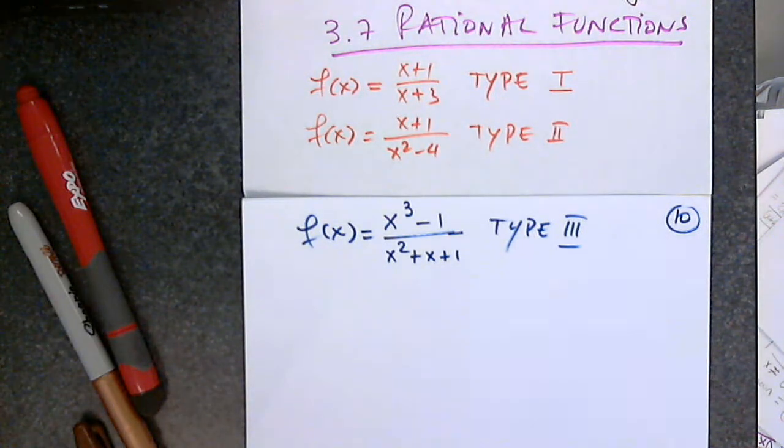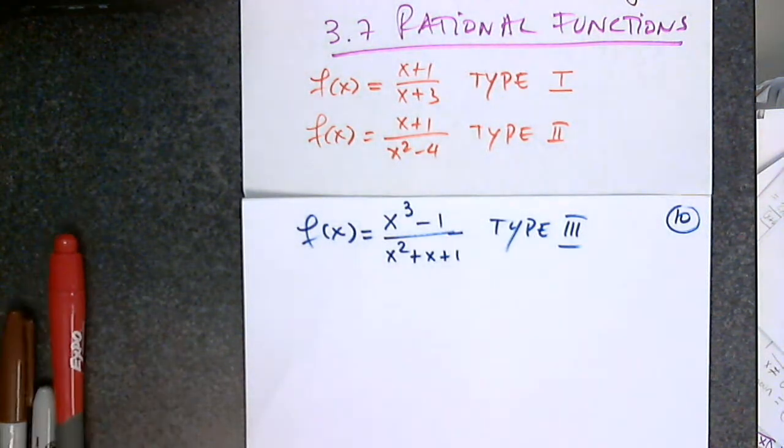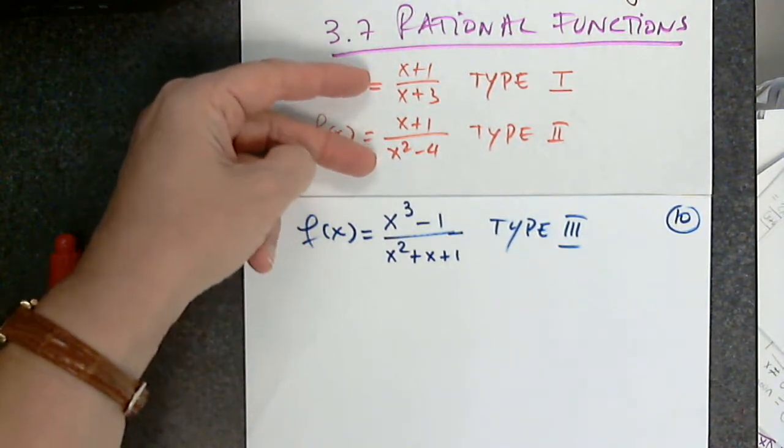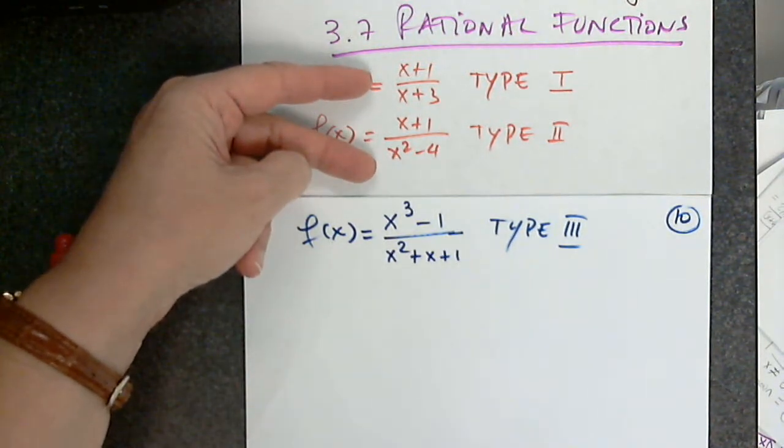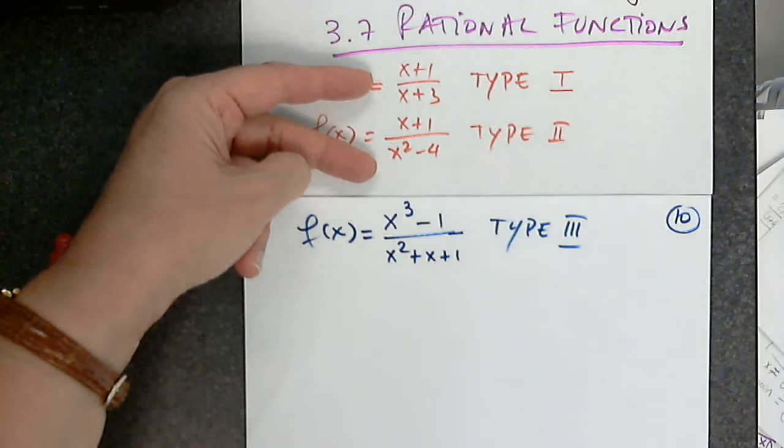Now, let's try to understand what's the difference between these 3. So let's look at type 1, and look at type 2, and look at type 3, and say, I see the difference between these 2. What is the difference between these 2? Exactly.